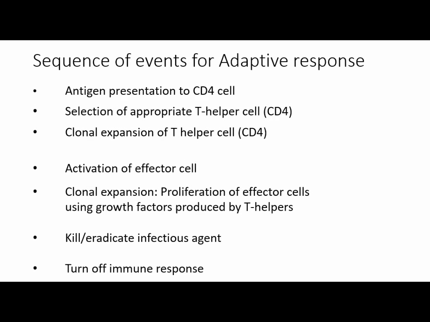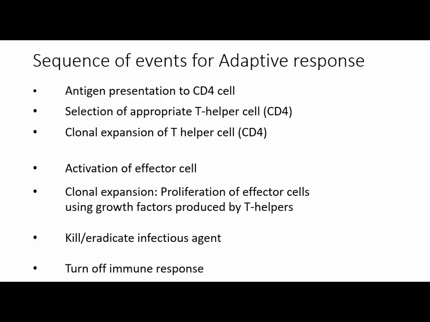Okay, now we're going to move on to what happens when you get an infection that involves exogenous antigens such as bacteria and parasites. But the important thing to recognize is your checklist is the same.